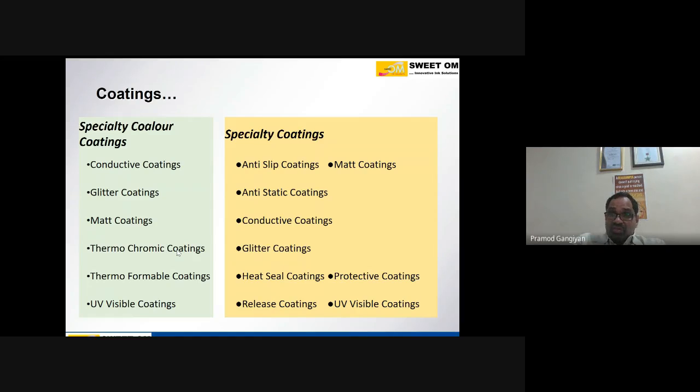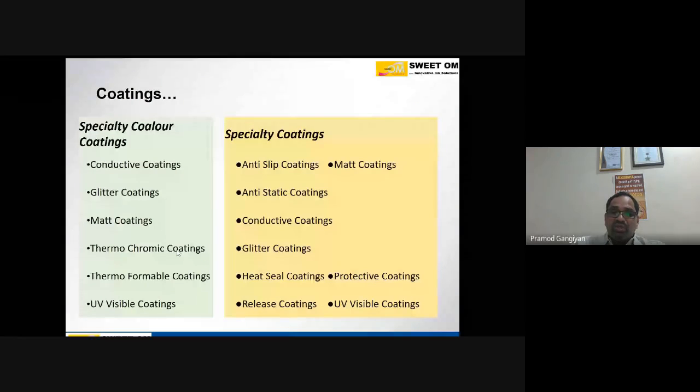What is that release coating? If you see, there are PSA tapes. We are using them in our houses. You know PSA tape, pressure sensitive tapes, like transparent tapes we are using in our houses. Kids are using them to stick their books and all those things. So these are called PS tapes, pressure sensitive tapes.